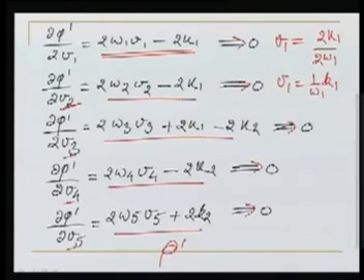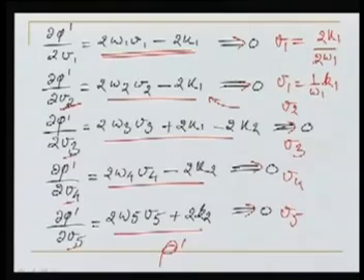Similarly for V2, V3, V4 and V5. V5 will be minus k2 divided by w5.